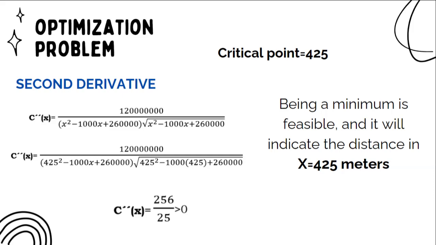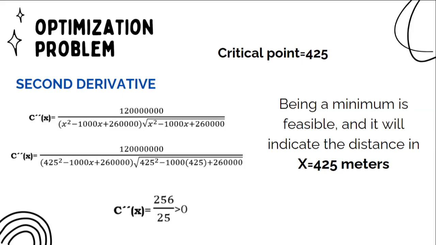After calculating it, I'm going to substitute the critical point in the variable x. The result is 256 over 25, and it's greater than 0.